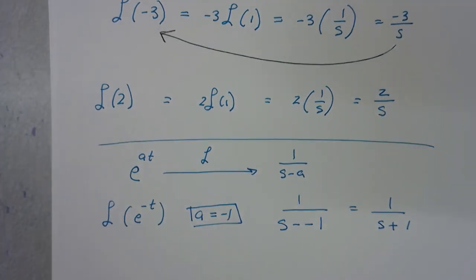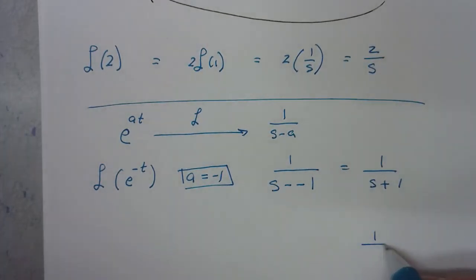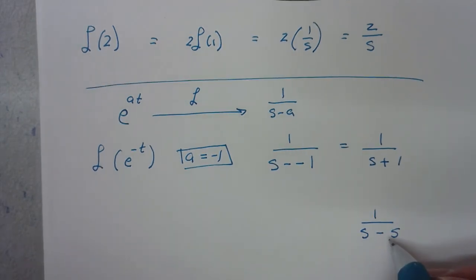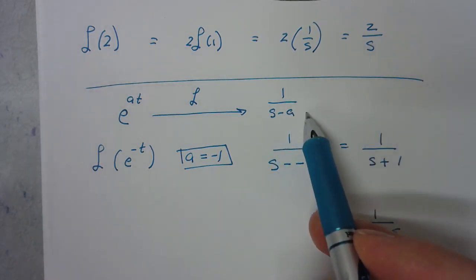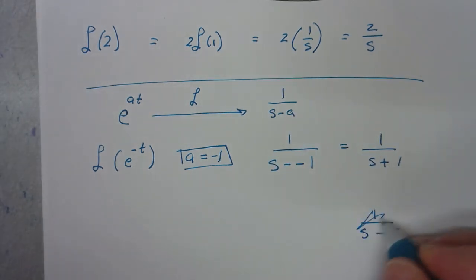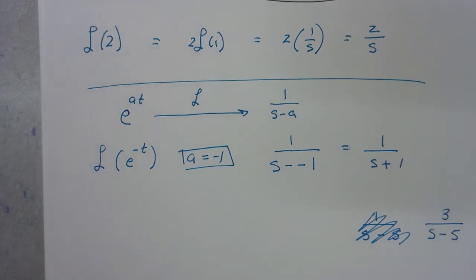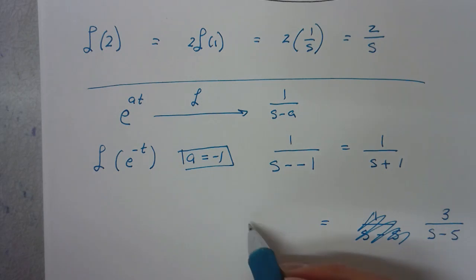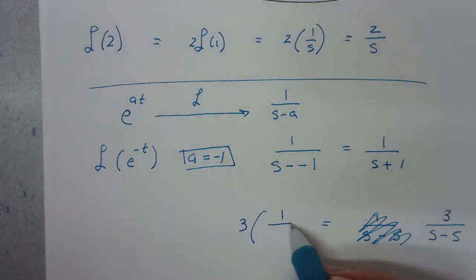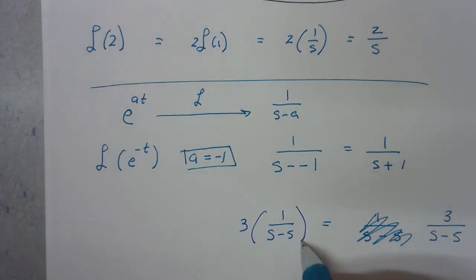And then conversely, if I had something like 1 over s minus 5, I'd look in the table and see this s minus a. Oh, I have that. Or even better, let's do 3 over s minus 5. Well, that's 3 times 1 over s minus 5.